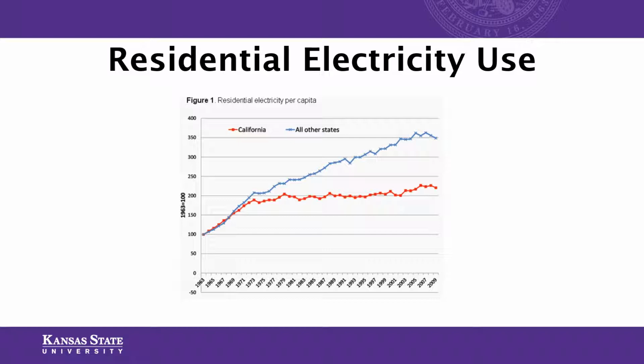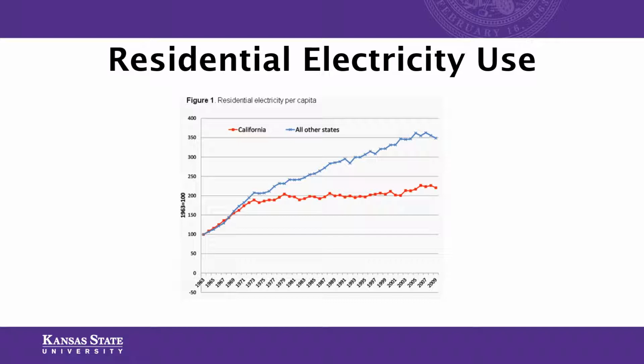So, for example, if you look at this figure up on the screen here, we have the red line being California and the blue line being all of the other United States, and how much electricity we consume in our homes specifically. And you can see that California has a very different trajectory compared to the rest of the United States in terms of residential electricity use.